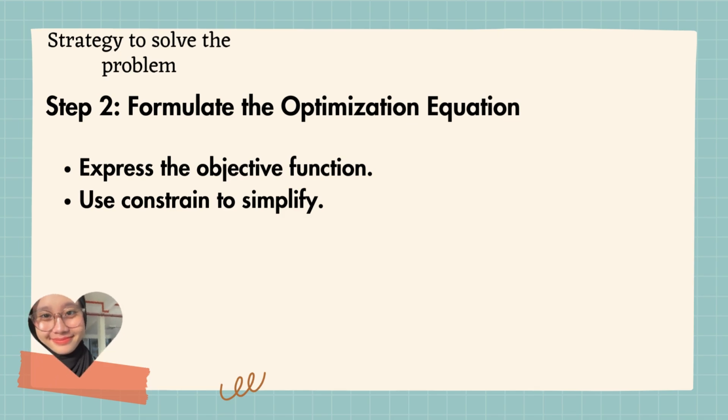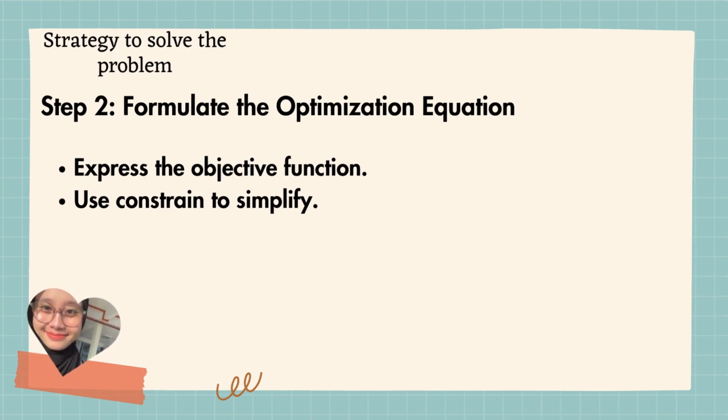Then you have to use constraints to simplify. If there are constraints, use them to eliminate variables and express the objective function in terms of a single variable.